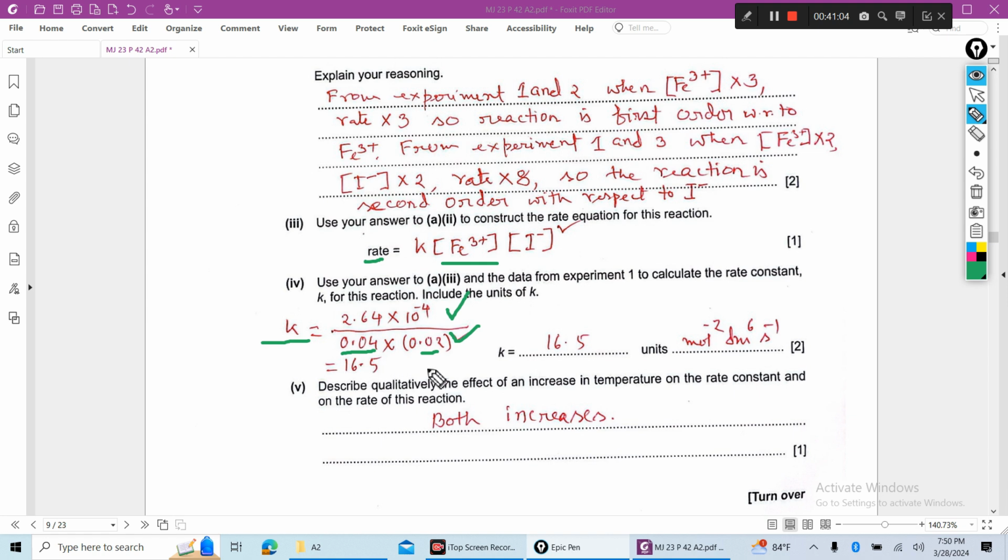So you get 16.5 mol^-2 dm^6 per second. How? The rate is mol per dm cube per second, this is mol per dm cube, and this is mol per dm cube squared. So the remaining unit is mol inverse dm^6 per second.